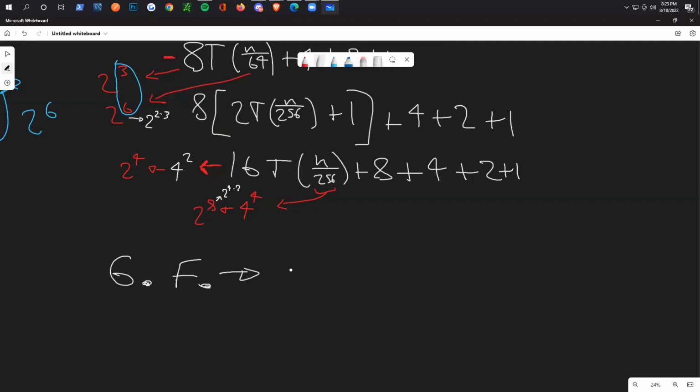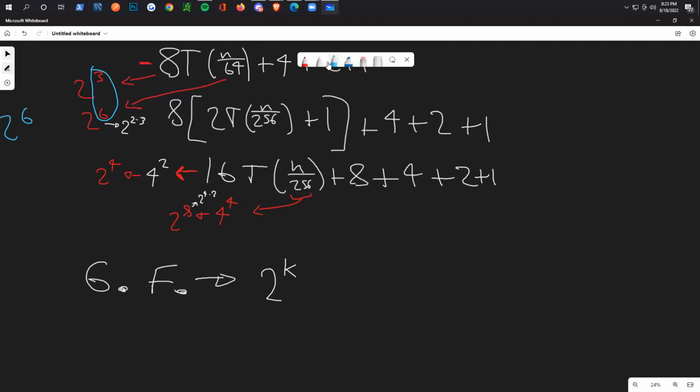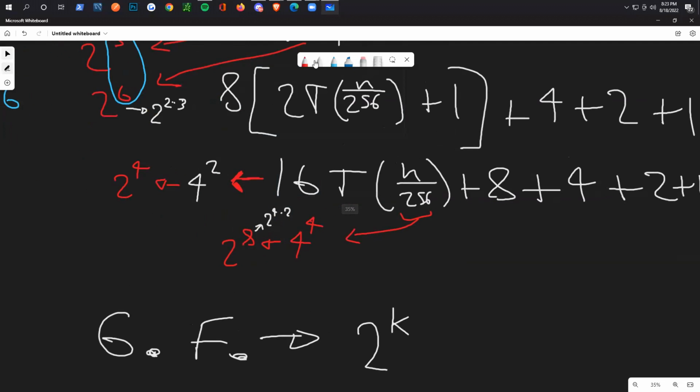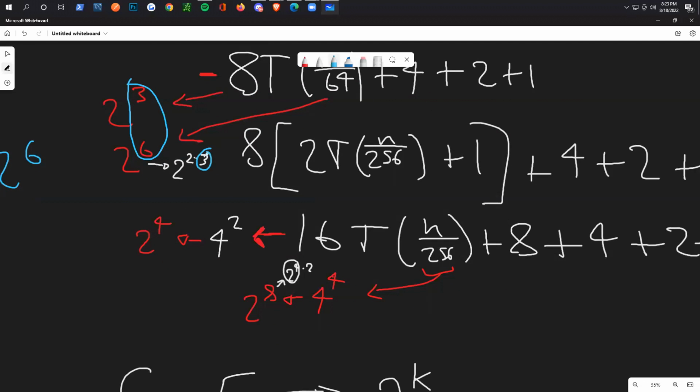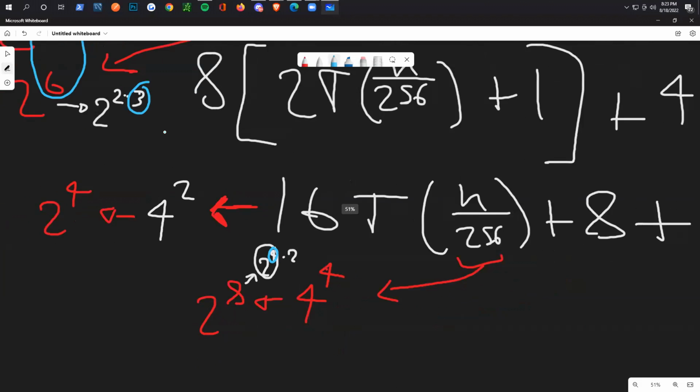So we can think of this as 2 to the power of k, right? Because notice how this value right here is always getting multiplied times 2, but the thing that's changing is this value right here. So notice this is a 4, this is a 3.